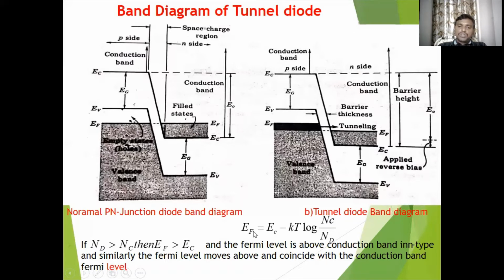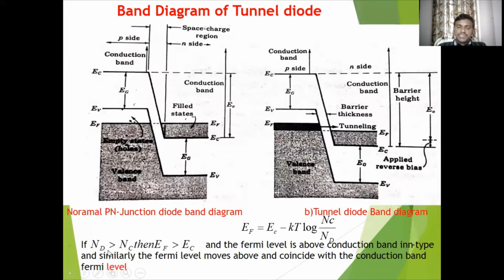Log of a more positive value is a more positive value. So EF is equal to EC minus that, and EC is here but EF we have to place here. That is, the Fermi level is nearer to the minimum energy level of the conduction band in a normal PN junction diode.